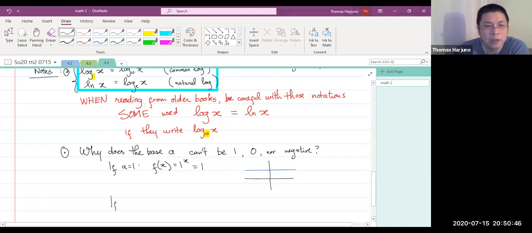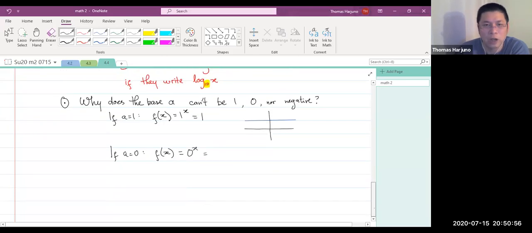Now, what happens if a equals 0? Now, f(x) equals 0 to the x is, yes, almost right, but not really. You say 0 to the x is 0, right? But that's actually not true. 0 to the x will be 0 only when x is positive.